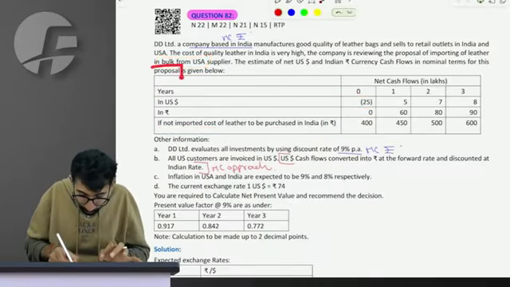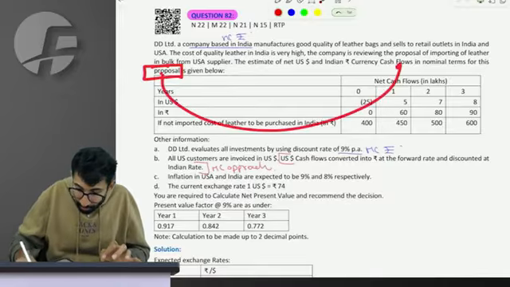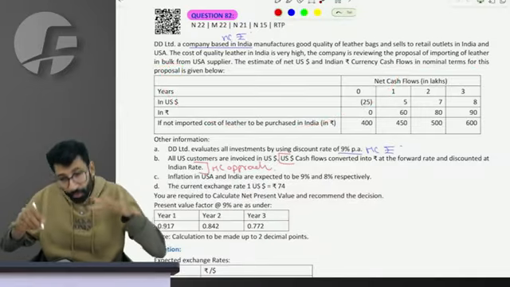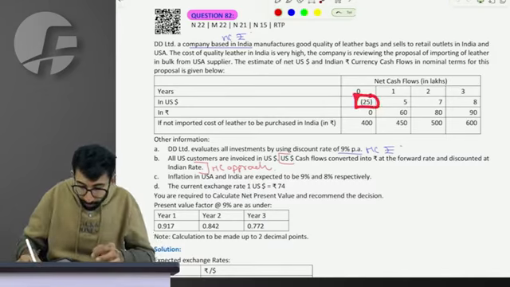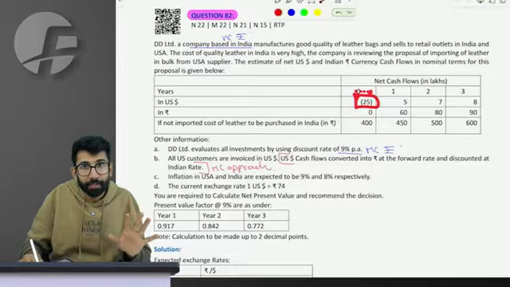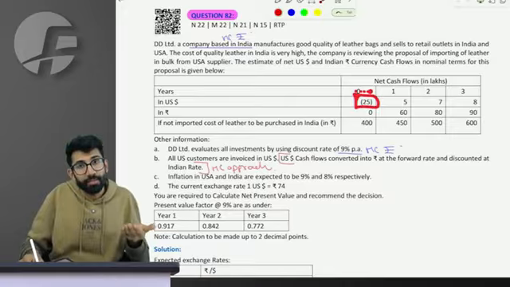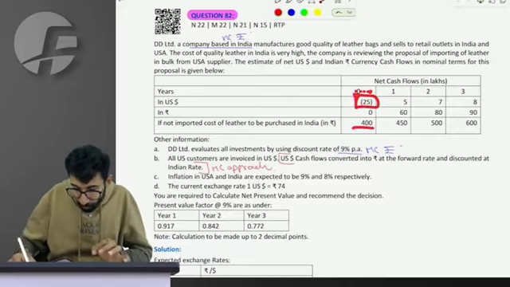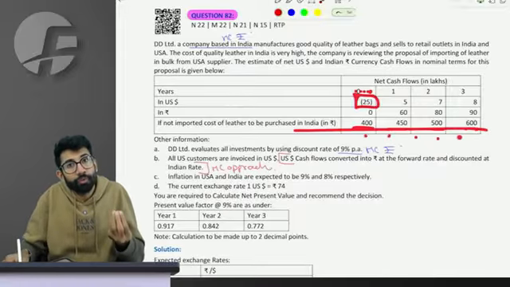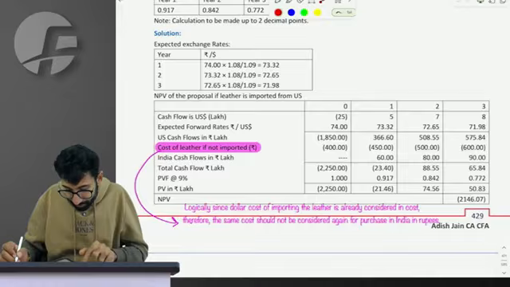That is what the proposal is, and related to that proposal the cash flow has been given, which means this cash flow includes the cost of leather being imported from US. Correct? If that outflow is already considered, why will you again show something as an outflow in India? Sir, that is the ambiguity.